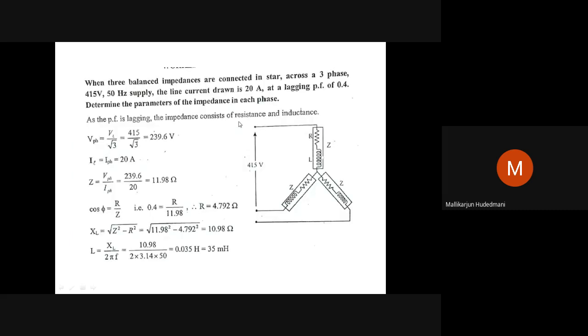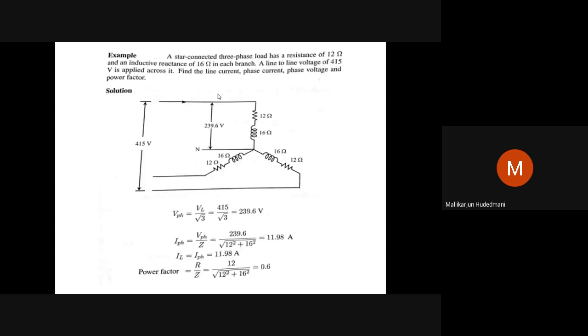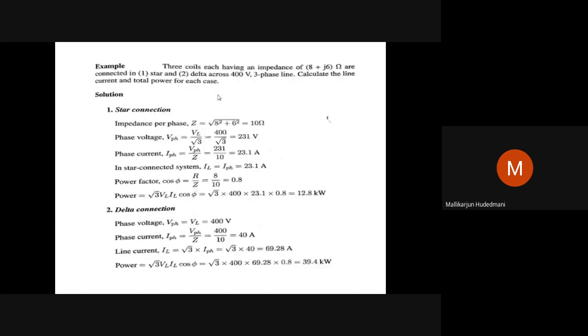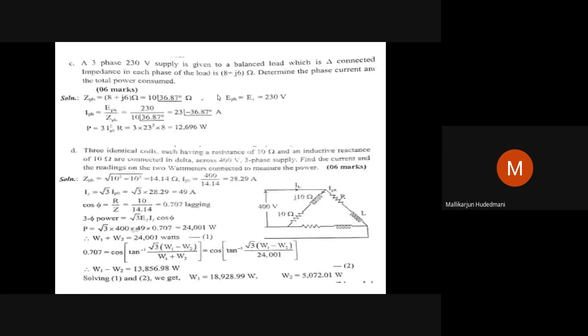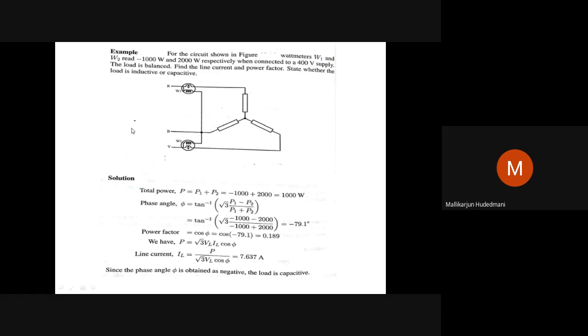Moving to some problems. In the earlier class, we just began interacting. Today, we'll go to power measurement first, and we'll come back. Then I'll go to this point here. For the circuit shown in the figure, it may be in star connection, it may be in delta connection. Wattmeters W1 and W2 read minus 1000 watt and 2000 watt respectively when connected to a 400 volt supply.